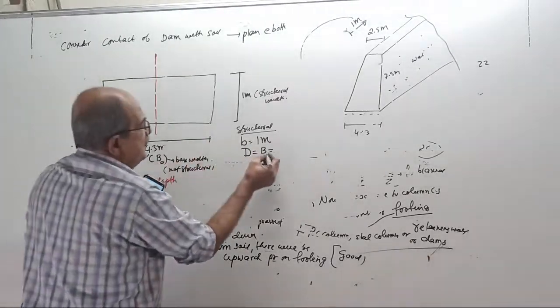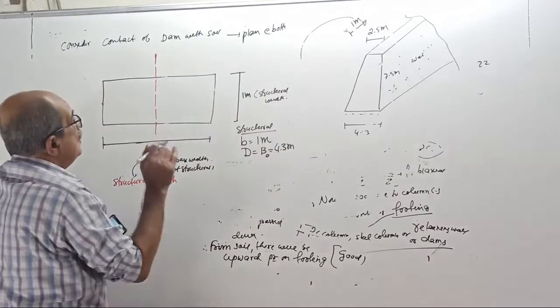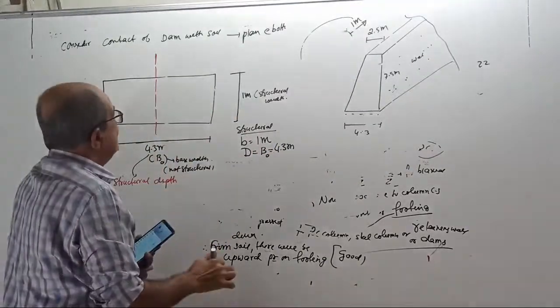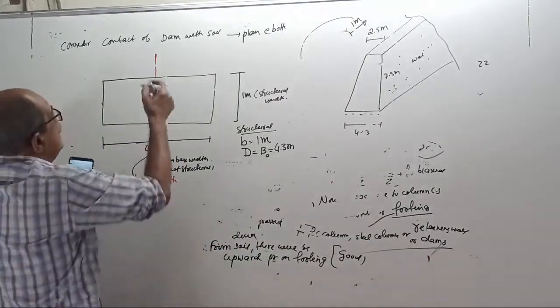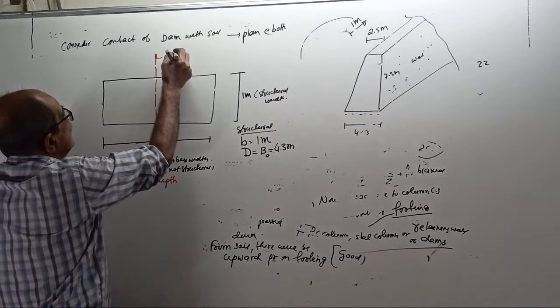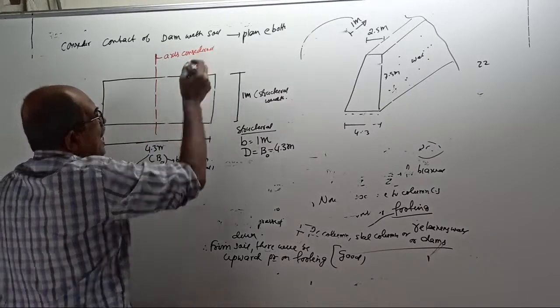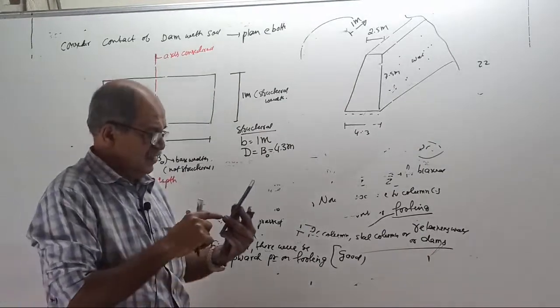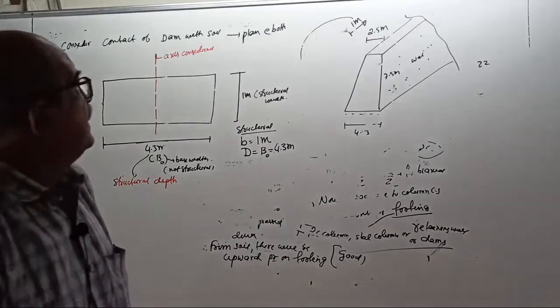This is B naught equal to 4.3 meter. Fully clear? This is the axis considered. There is no XX, YY. Don't call it XX, YY. Now I should calculate loads.